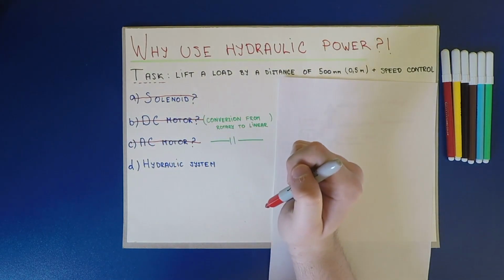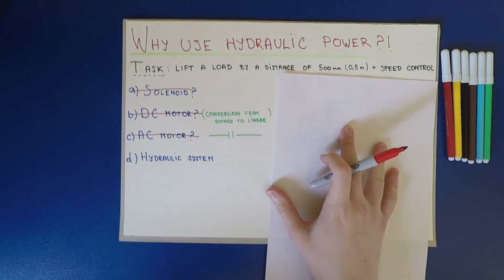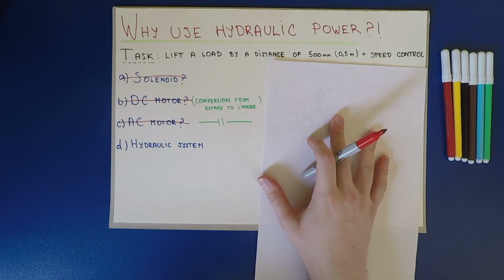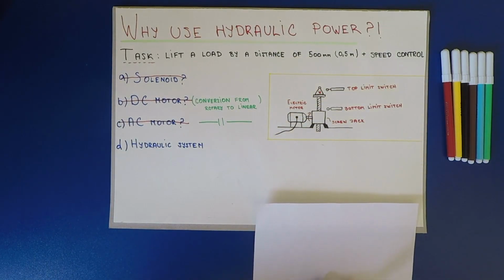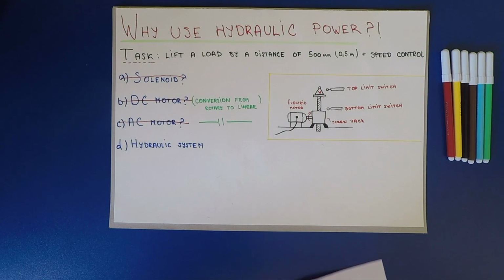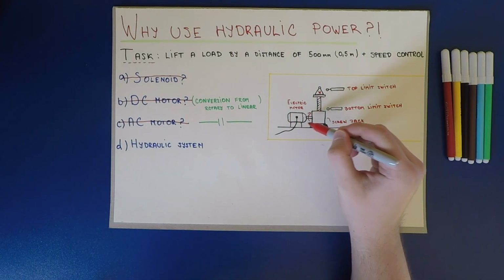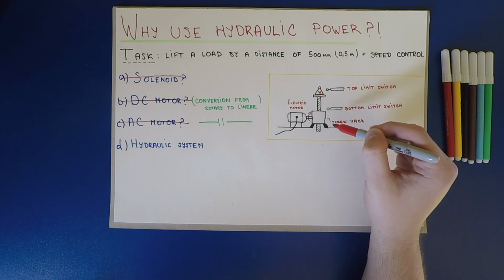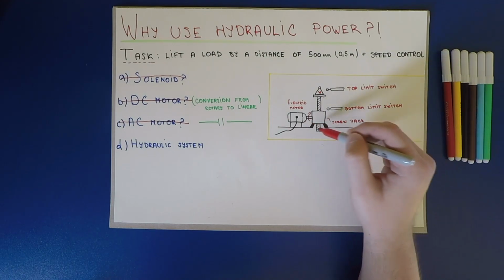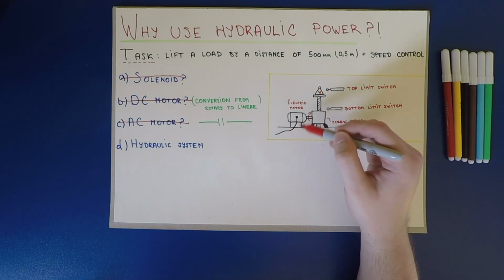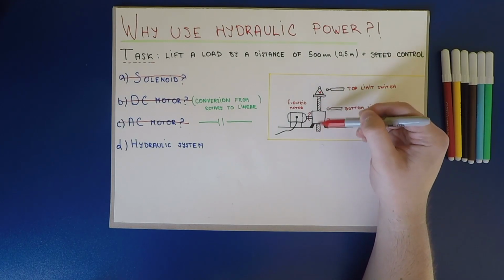So we come to the hydraulic system, and before I show the hydraulic system, I would like to show the electric system with an electric motor, an AC motor. As you can see, the electric motor is spinning. The output shaft is spinning, and it's connected to a screw jack, which converts this rotary motion to linear motion.